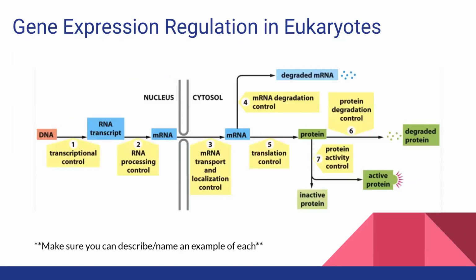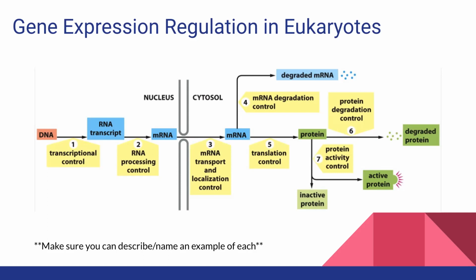Okay, so here's an overview of some of the different ways gene expression is regulated in eukaryotes at different levels. We have transcriptional control, and an example of that would be euchromatin versus heterochromatin, so open versus closed conformation of chromatin that allows DNA polymerase to either access or not access the DNA.